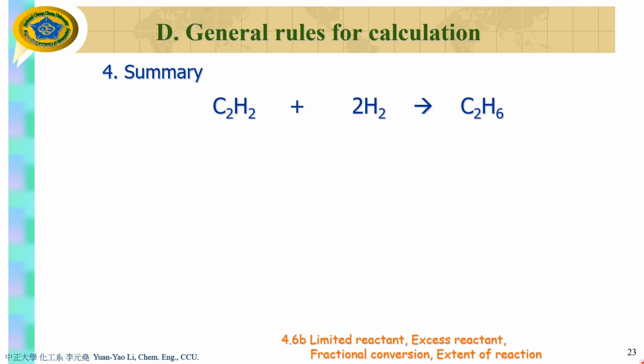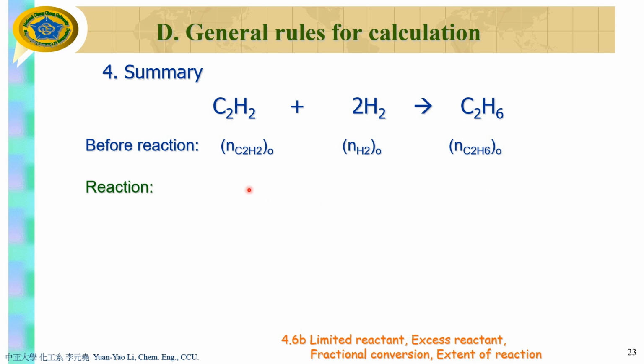So let me summarize this. The general rule for the calculation is that before the reaction, in the beginning, you have some moles of the reactants and products. And then during the reaction, you consume some of the reactants and generate some products, and use nu times Xc as the symbol.